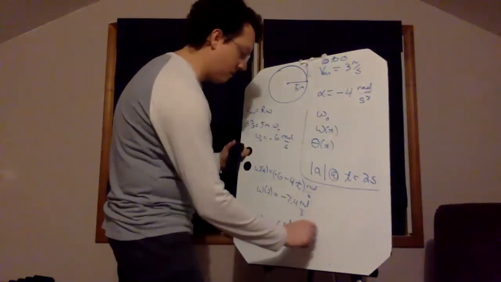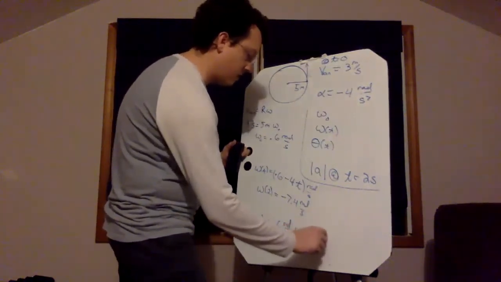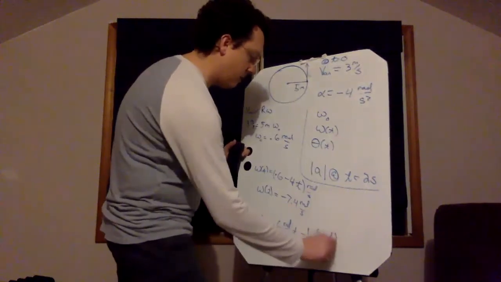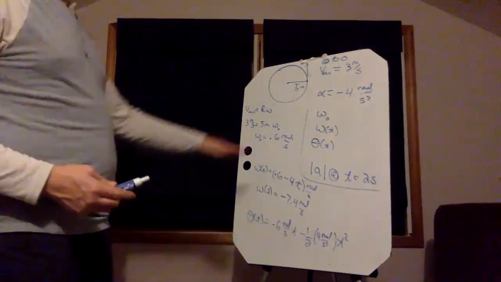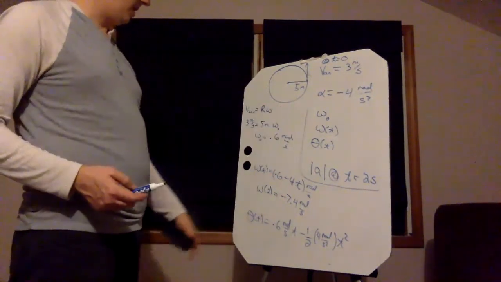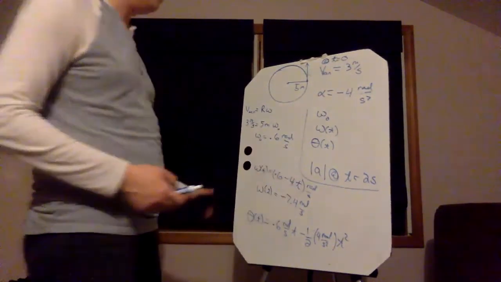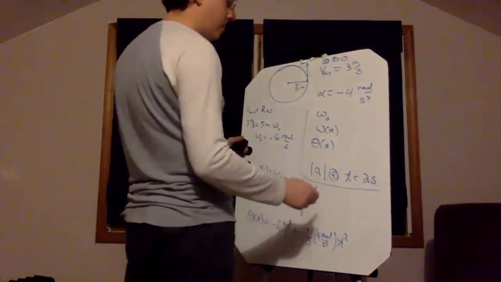So it'd be minus 1/2, and we get 4 radians per second squared times the time squared. Great. So that gives me everything there, and all I need to do is find the magnitude of A.